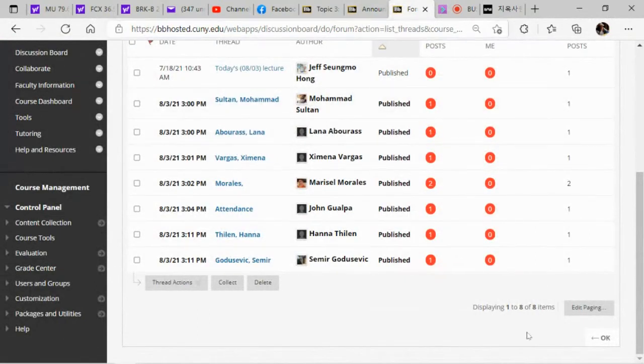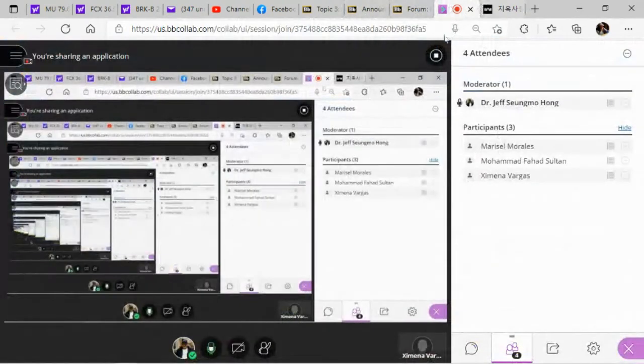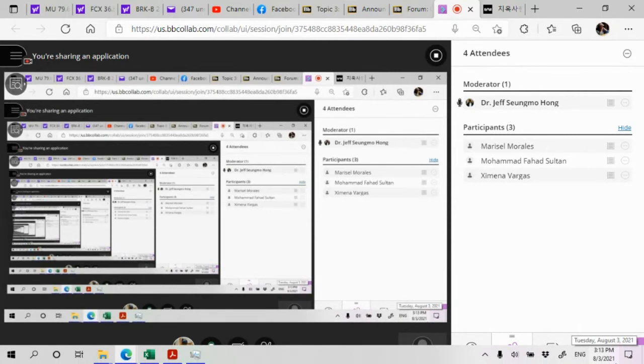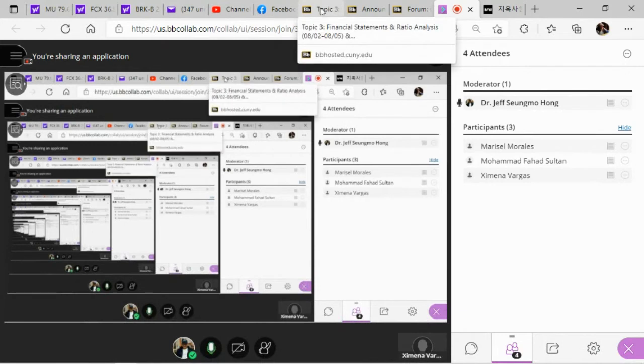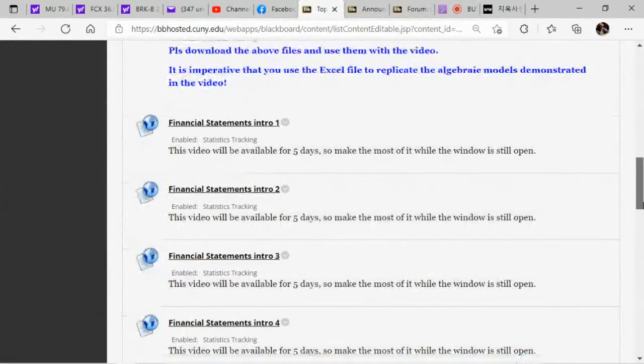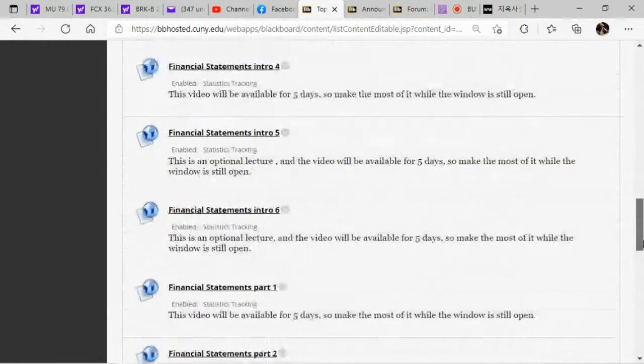We have 7 people, and I want to drive this point home to everyone. How come only 3 people? There are 7 people in the discussion board and only 3 people here. I want to emphasize this, right? This is our class.